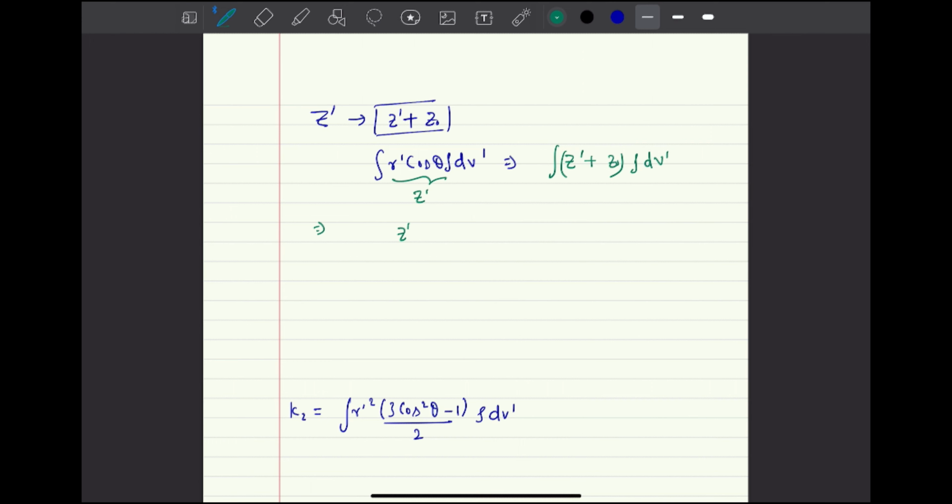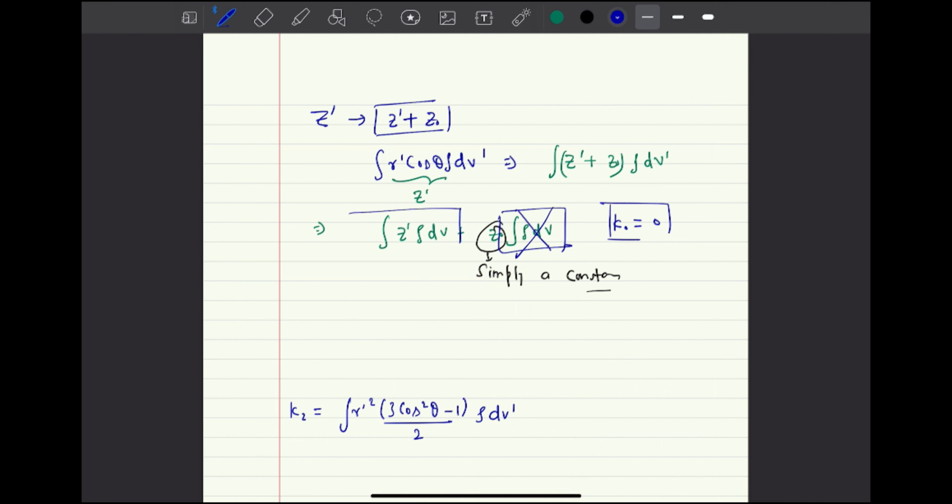It implies z prime rho dv prime plus z naught rho dv prime. Here z naught is simply a constant, and we have chosen K0 equal to 0, so this doesn't contribute. Hence we get the same result, that is, K1 is independent of the choice of origin.